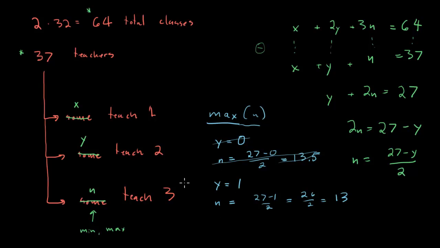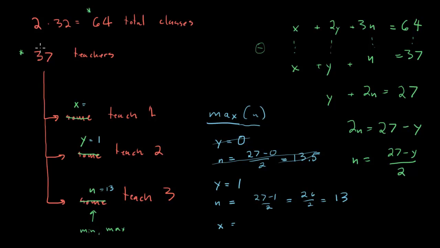If you want to make sure that x doesn't become a fraction or anything, you certainly can. We can say, okay, if y is 1 and n is 13, that means we've got our 13 teachers here and our 1 teacher here.